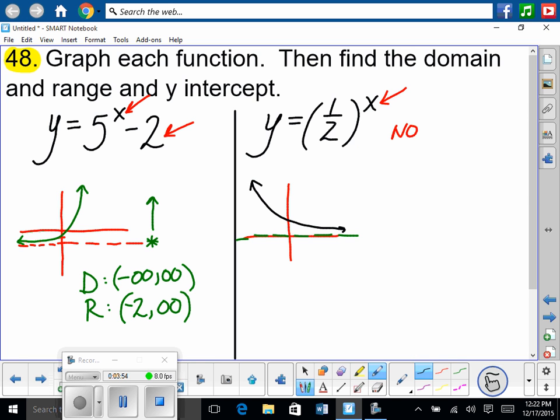And then we'll do our domain and range. So domain is left and right. It's growing from negative infinity to positive infinity on our x values. Our y values, which is our range, are getting really close to 0, and it's growing to positive infinity. Once again, it never crosses the asymptote, so we need to put a parenthesis on that.